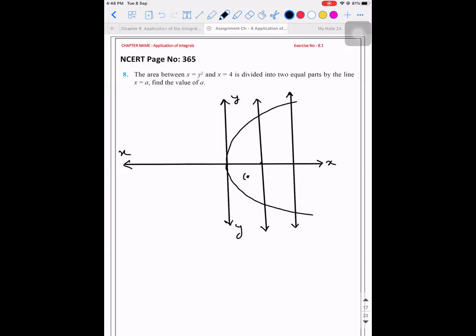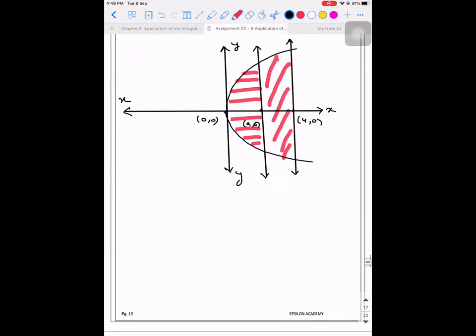So this is a comma 0, this is 4 comma 0, this is 0 comma 0. What they're trying to say is this area and this area are of equal magnitude.